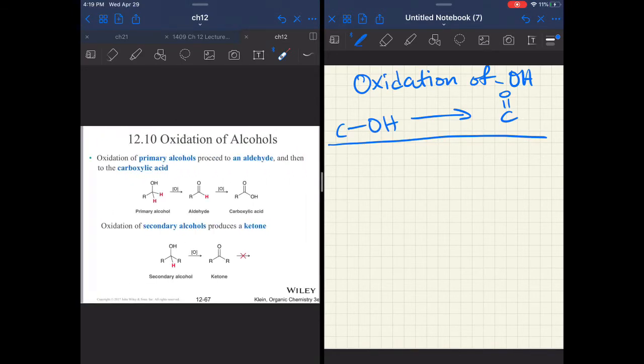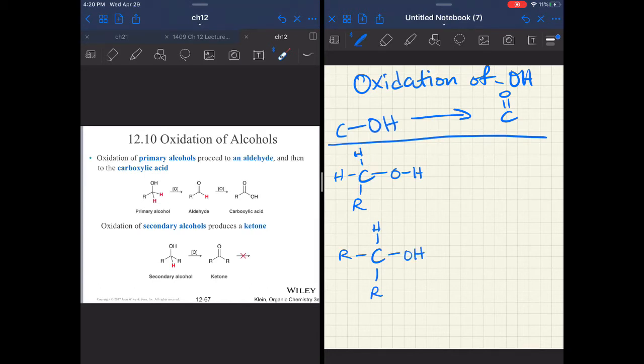There is something that we're going to call partial oxidation and a full oxidation, and it just depends on our starting materials. A primary alcohol is going to have 2 hydrogens and an R group and an OH, versus a secondary alcohol, which would have 2 R groups and an OH.